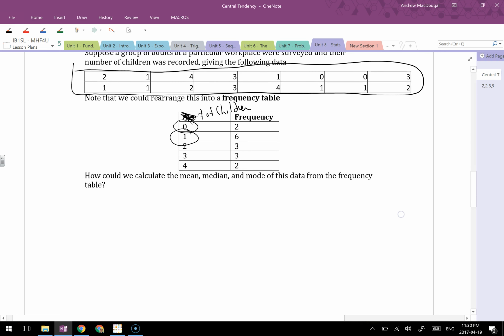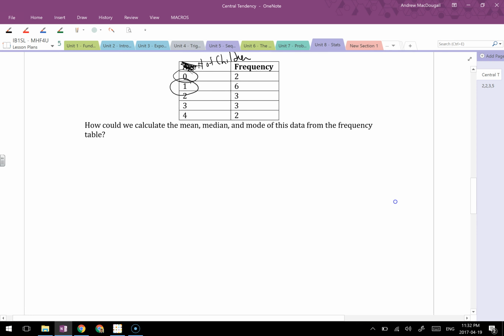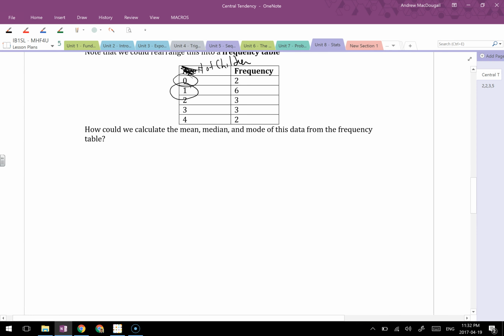Now, how would we calculate mean, median, mode? Suppose we were just given this frequency table. We don't know the expanded version. Well, the mean, remember the mean, let's call it x bar. That is, you add them all up and you divide by the total number.